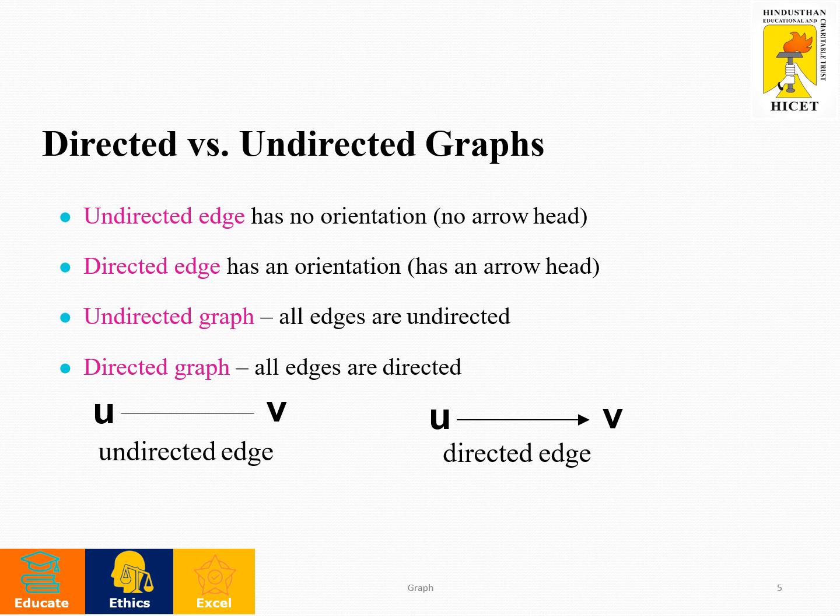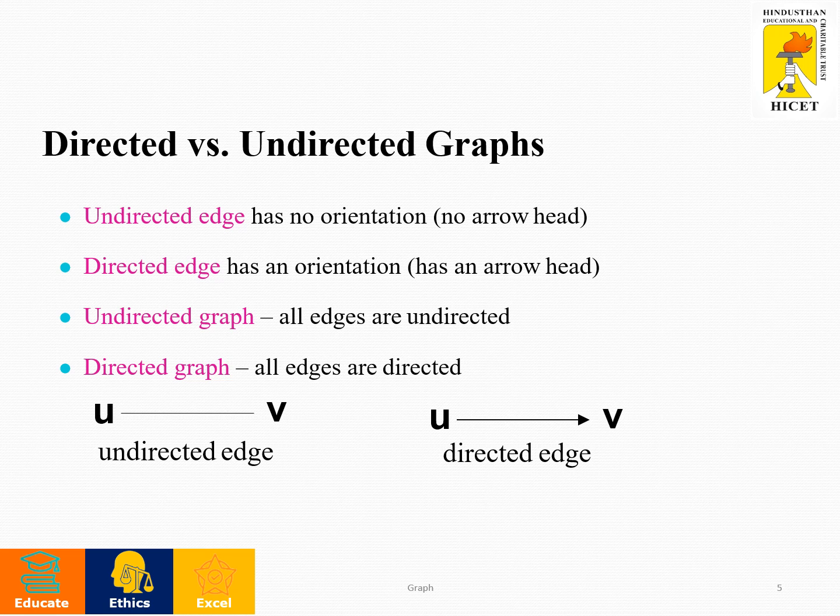And directed graph and undirected graph, these two are the major categories of the graphs. So directed graph means very simple that the edges have the direction, so which way it can move, the direction or orientation has been given, or you can simply say the arrow is given in the edge. You can see here U is one vertex, V is another vertex. There is path. That path consists of the arrowhead. Whereas in undirected graph there is no such arrowhead is available.